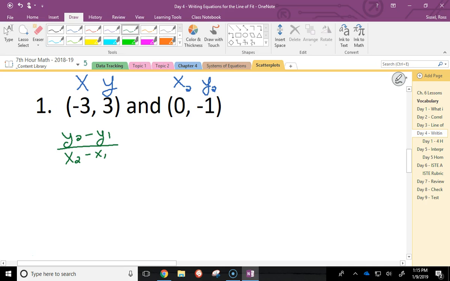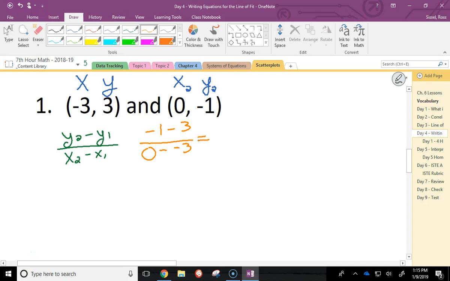Now we're just inputting our numbers. y2 was -1. We're subtracting. y1 was a +3. x2 was 0, and I'm subtracting, and x1 was -3.